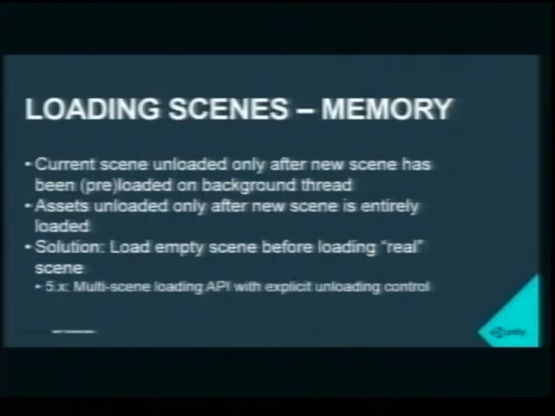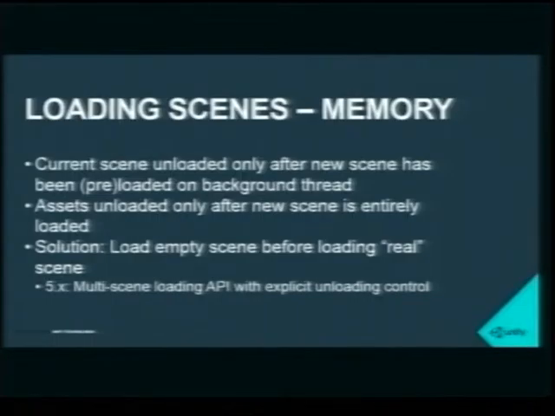One solution to that problem is to put a transition scene between the old one and the new one. You load your intermediate scene, which may be a loading screen or some empty scene, and then you load the new scene. That first gets rid of all the old assets and all the old stuff, and then you load the new stuff.